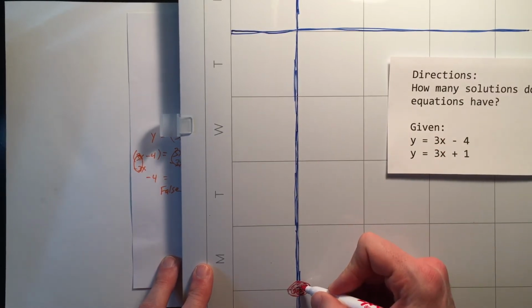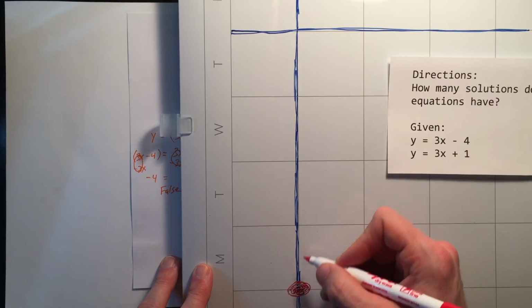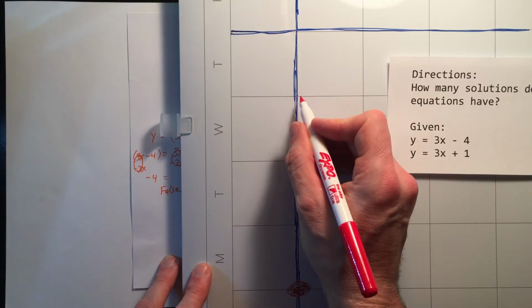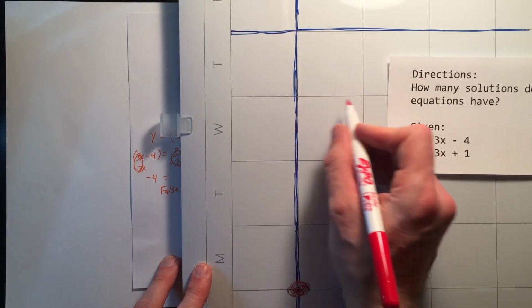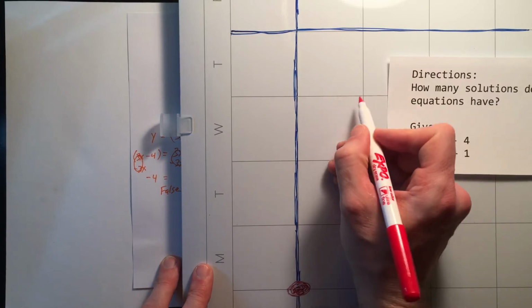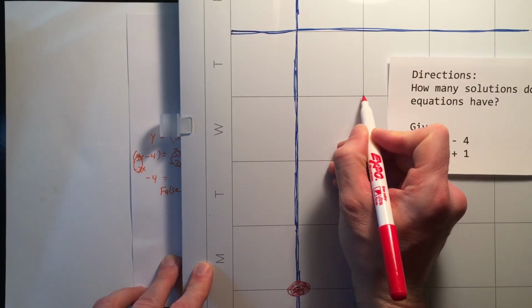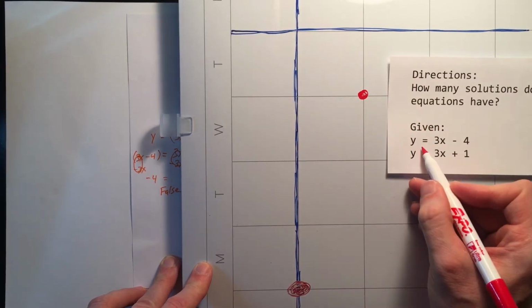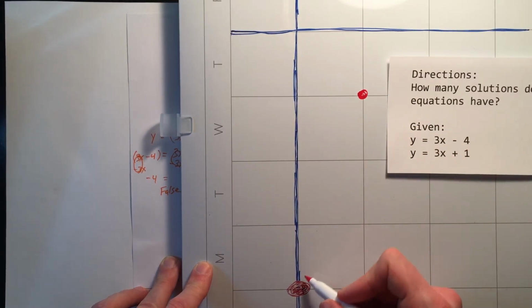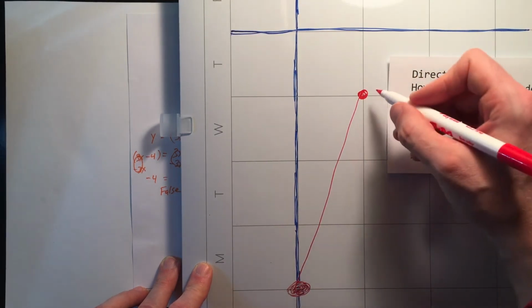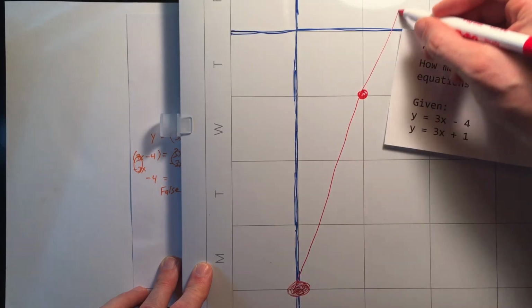So that means that we go from this y-intercept, we go up 1, 2, 3, that's the rise, over to the right 1. So +3 over +1, that's up and to the right. Up is positive, right is positive. And this is where the next point would be for this line here that the first equation gives us. So if we connect that, and that line would of course continue.